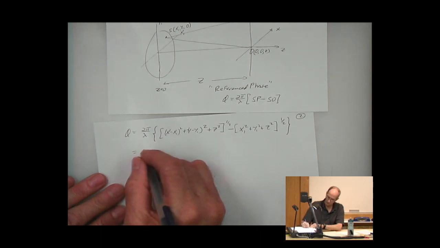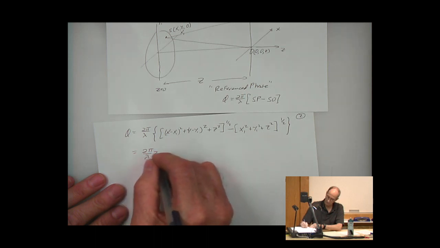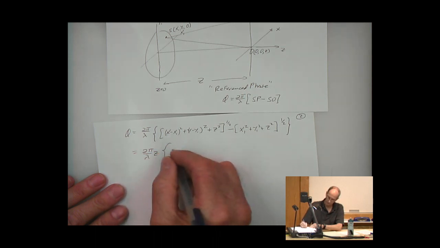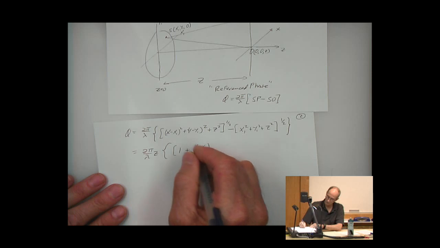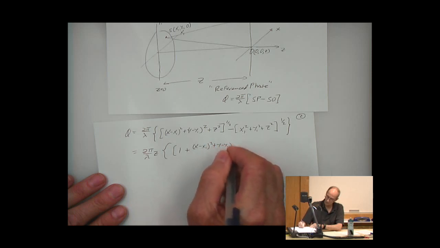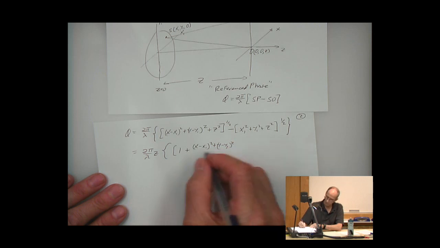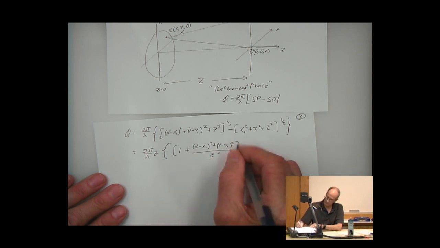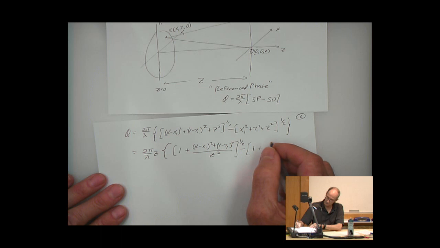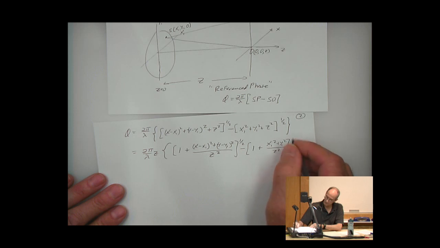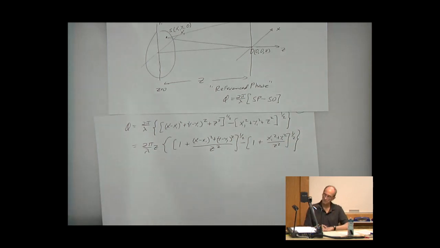And so we have 2 pi over lambda times z, and writing it more suggestively, 1 plus x minus x1 squared plus y minus y1 squared over z squared, again to the 1/2, minus 1 plus x1 squared plus y1 squared over z squared, that also to the 1/2.